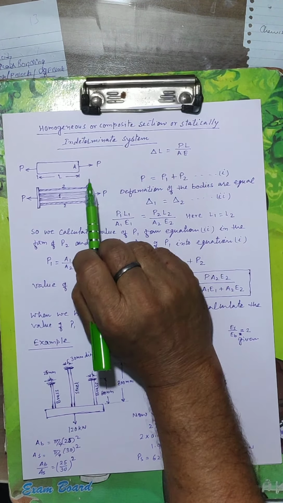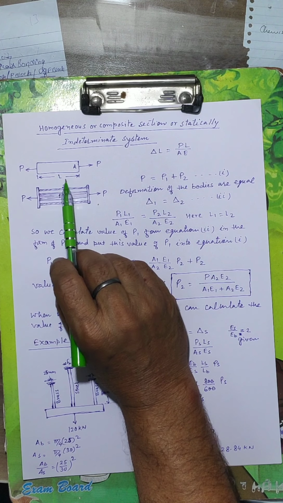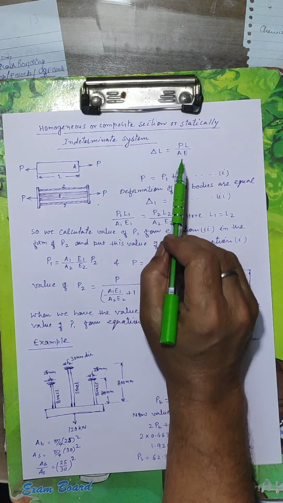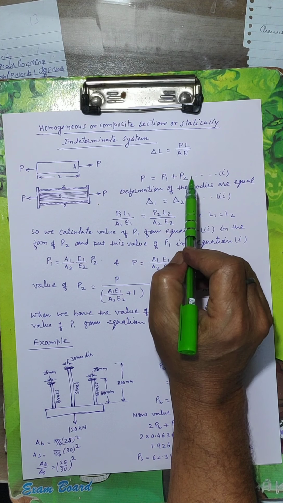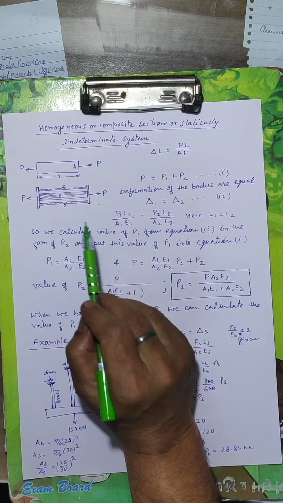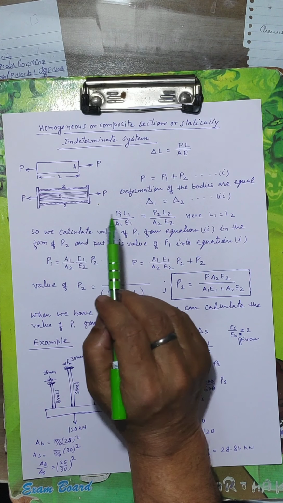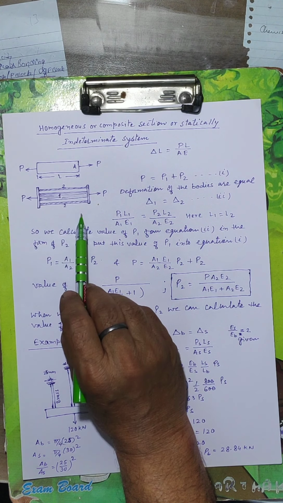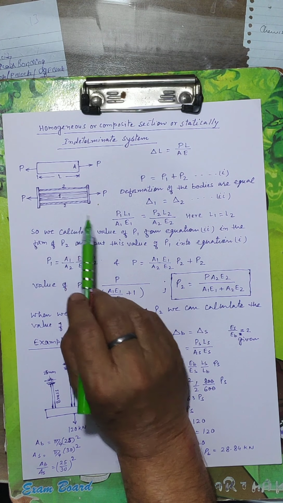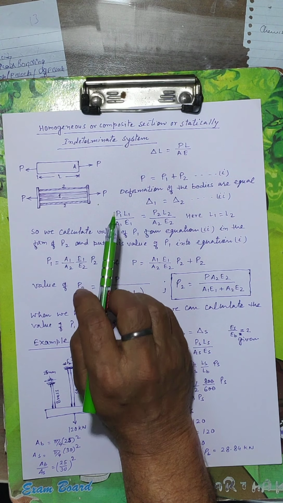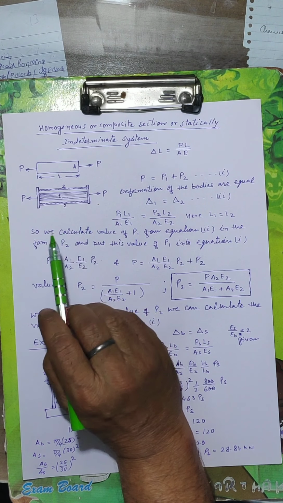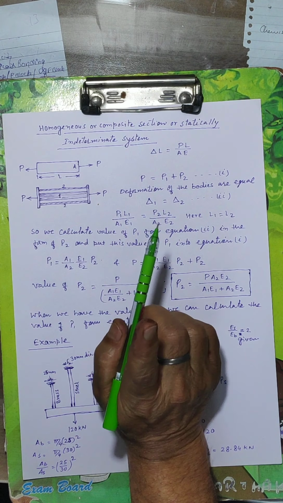We have studied already that for a body subjected to an external load P, the elongation is PL upon AE. When this body comprises two or more materials, in that case we have to calculate the load shared by these two materials first.